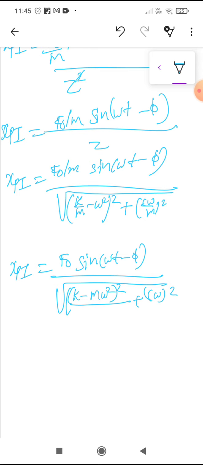So this k minus m omega square plus c omega. Now, as we know, the natural frequency formula is under root k by m. So this is the formula of natural frequency.